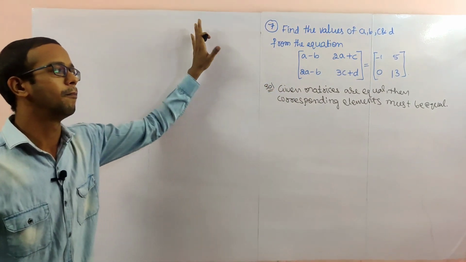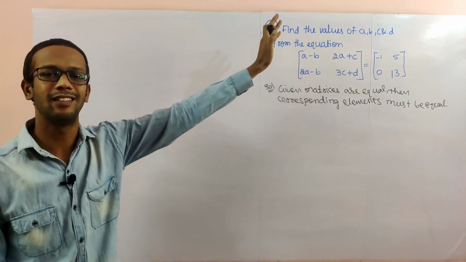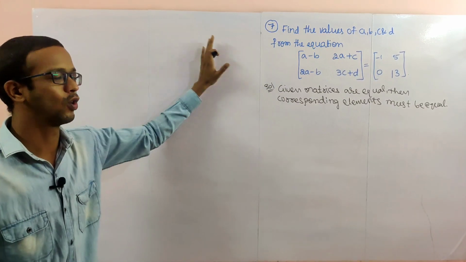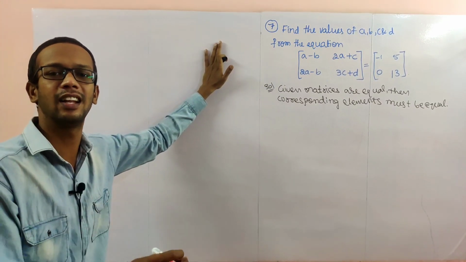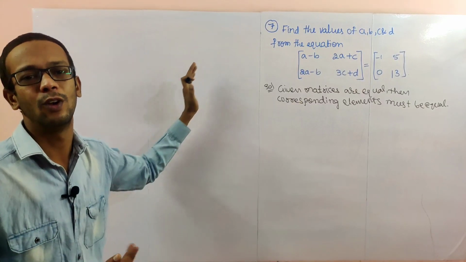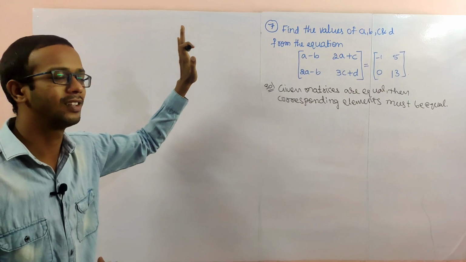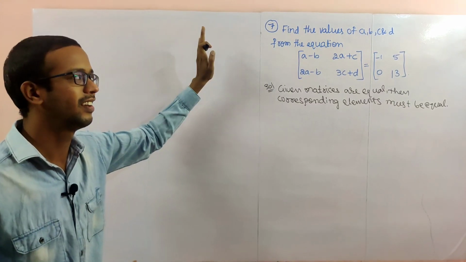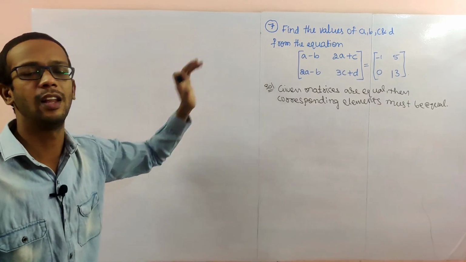Order is already the same: 2 by 2 matrix, 2 by 2 matrix. No need to think about the order. If in the question they are giving equal matrices, compulsorily they will give the same order. Without giving the same order, how will we find the a, b, c, d values? So compulsorily they give the same order. First condition is satisfied already. Based on the second condition only we will solve the problems.